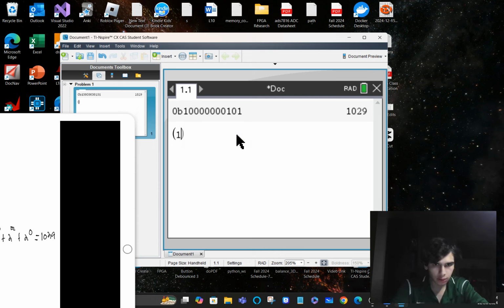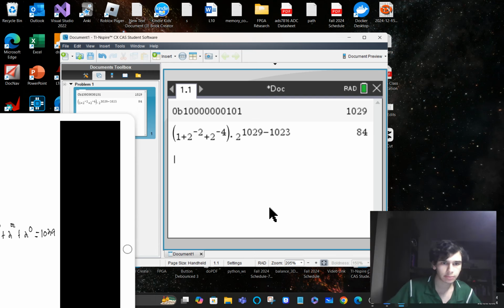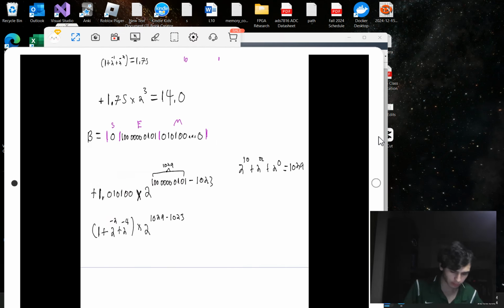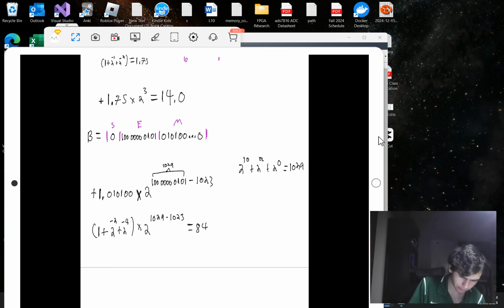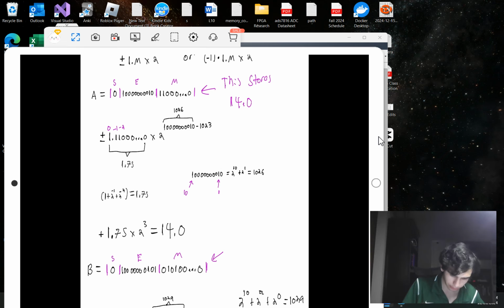So 1 plus 2 to the negative 2 plus 2 to the negative 4 times 2 to the 1029 minus 1023, 84. So this was all equal to 84. That means that this is storing 84.